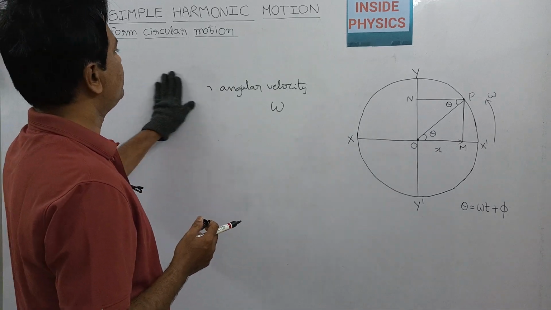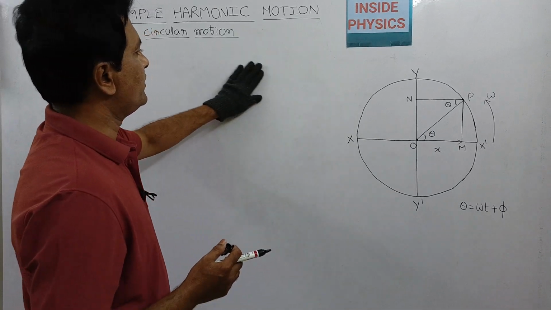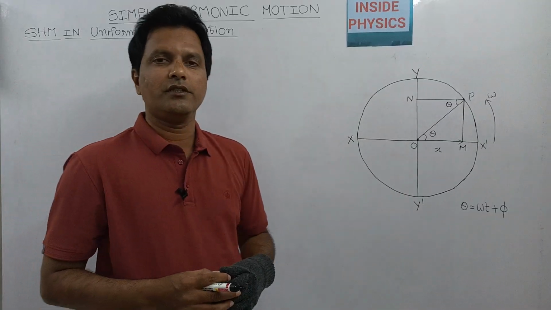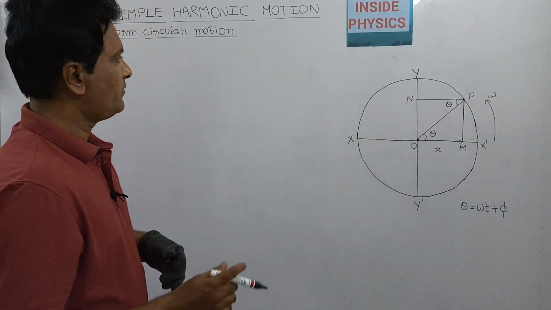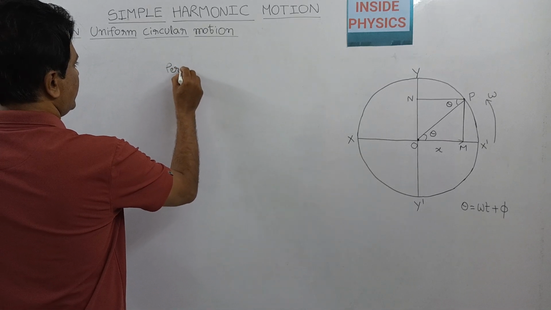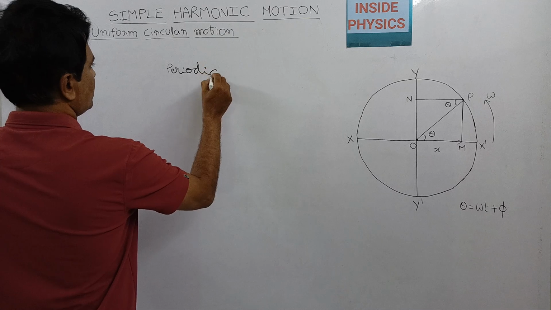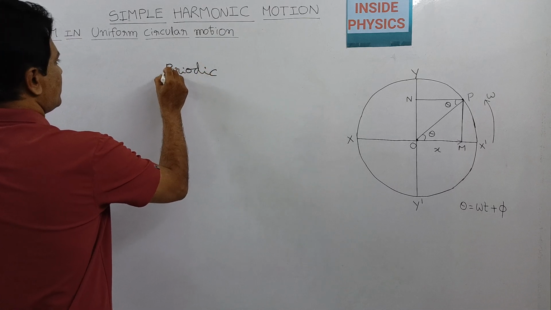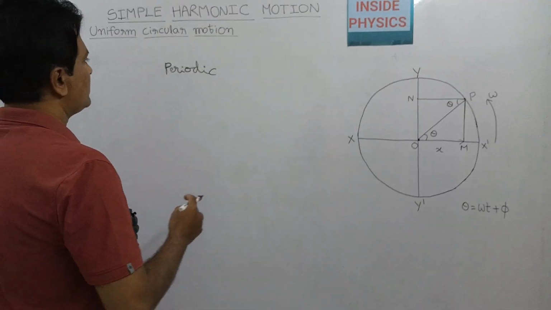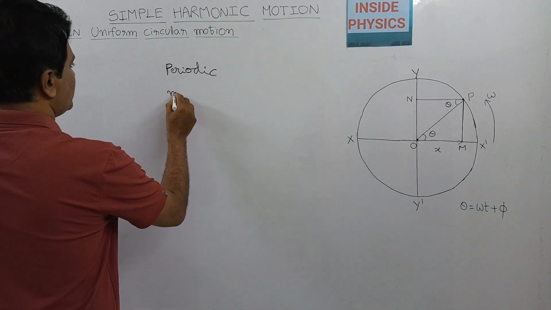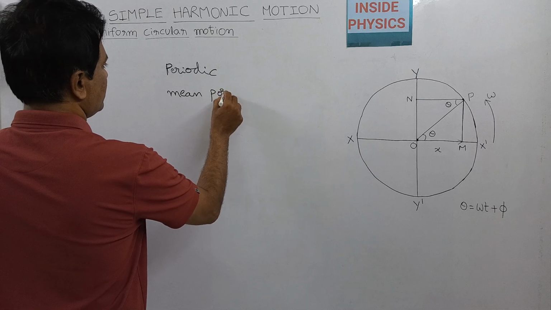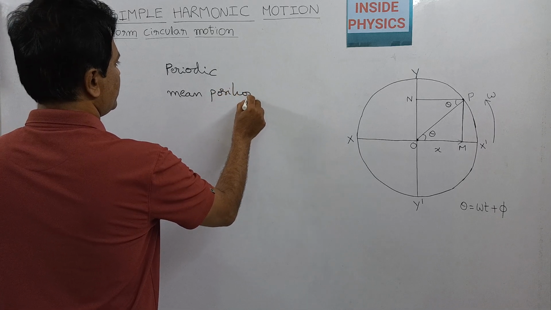That is our aim. So how to prove it? First of all, if any motion needs to be simple harmonic, it must be periodic, right? It must be periodic first of all, and it should oscillate about a mean position. These are the conditions of SHM which we already discussed in the previous classes.